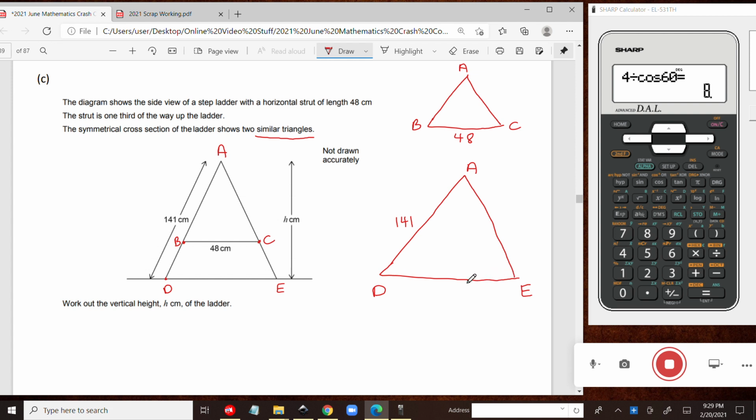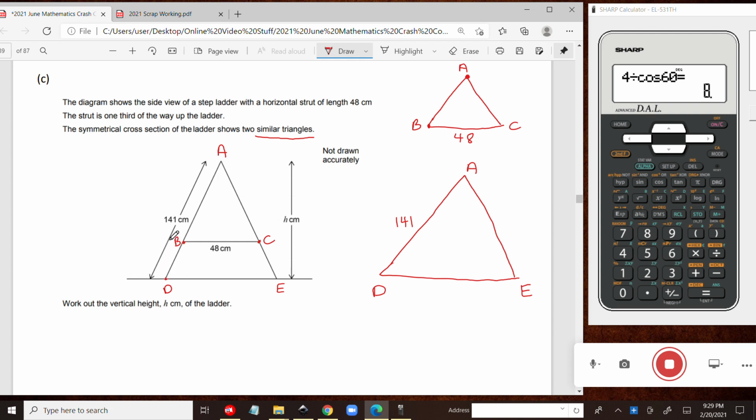So I think it's a good idea to find DE first. Right now, we don't know the distance from A to B. But if we read the question, we can figure it out. They said the strut, that's this, is 1/3 the way up the ladder.